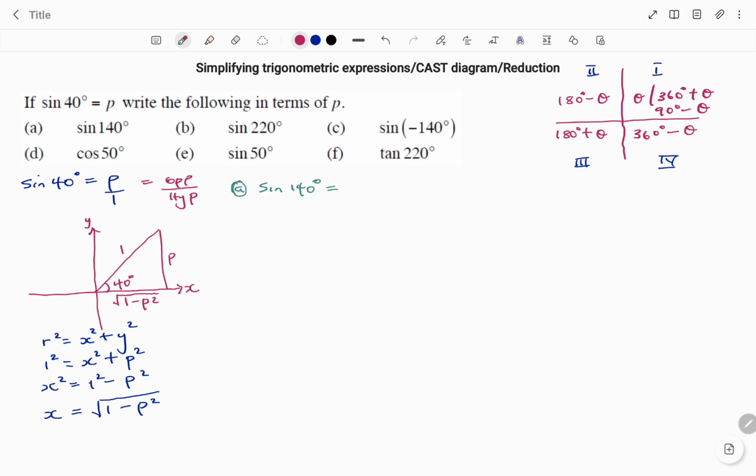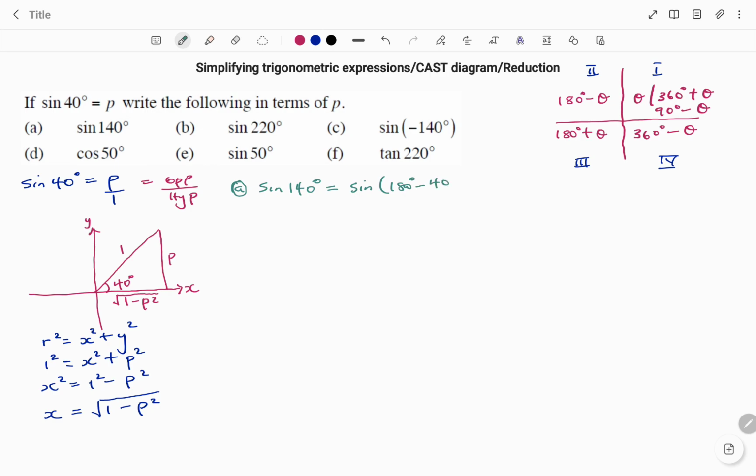If you go back to the question, 140 degrees falls in the second quadrant. So the reduction I'm going to use will be 180 degrees minus theta. Now you need to ask yourself, what value will I subtract from 180 to give me 140?